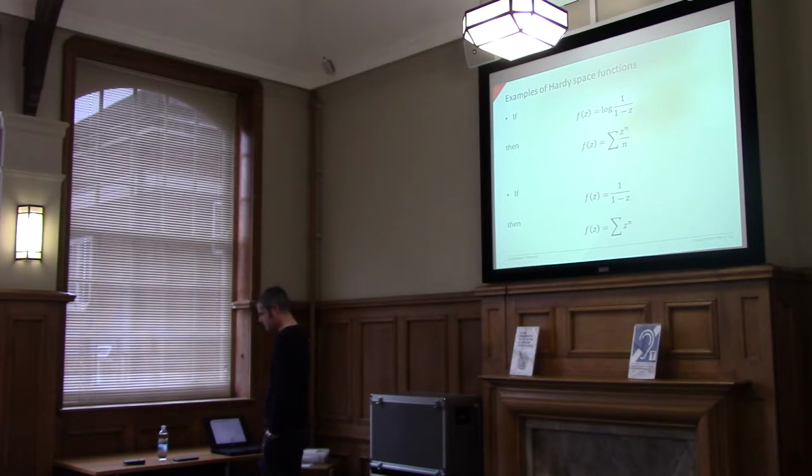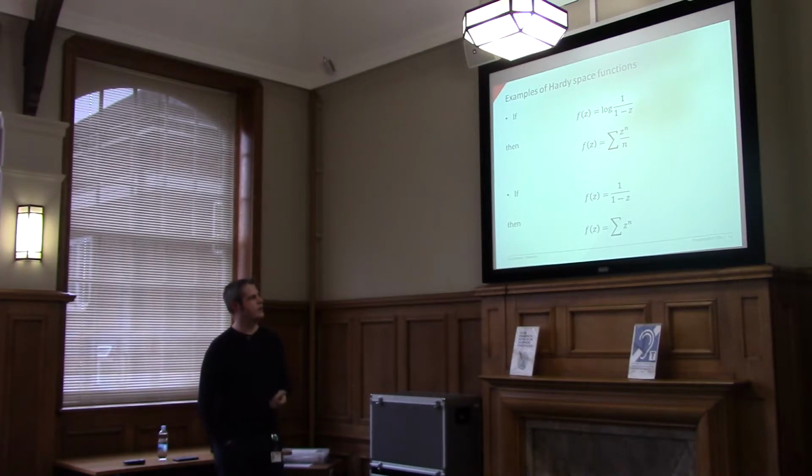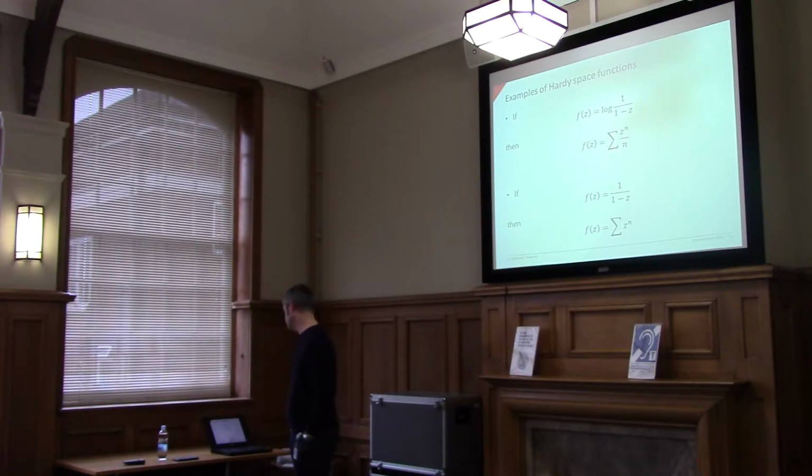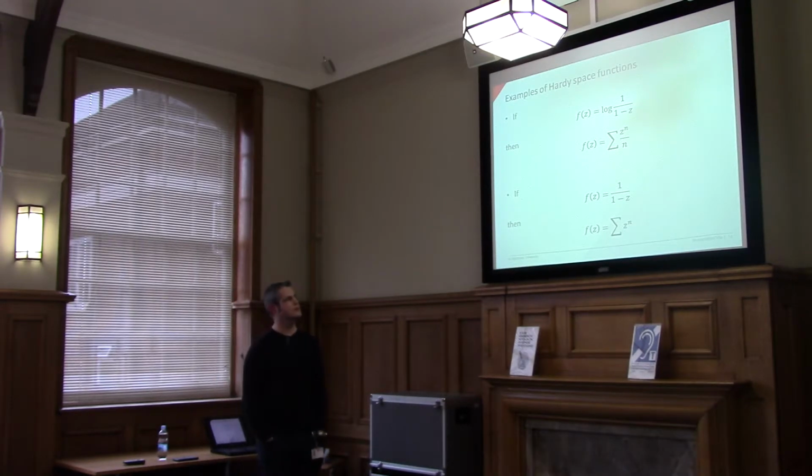But it's not so badly behaved that it's not in the Hardy space. However, the second one, f of z is 1 over 1 minus z, is too bad to be in the Hardy space. The a_n's there are all 1, so obviously that's not square summable.